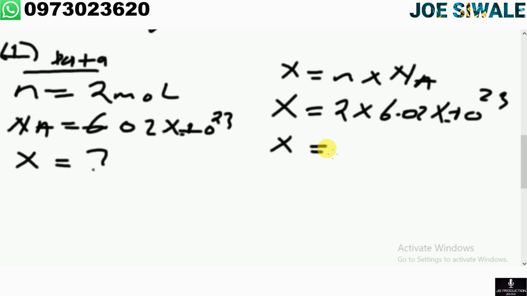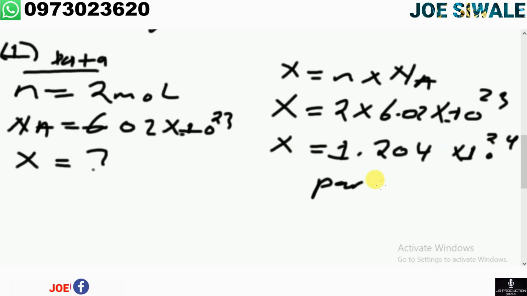So if you multiply 2 multiplied by 6.02 times 10 to the power 23, you're going to have 1.204 times 10 to the power 24 particles. So that's the answer.